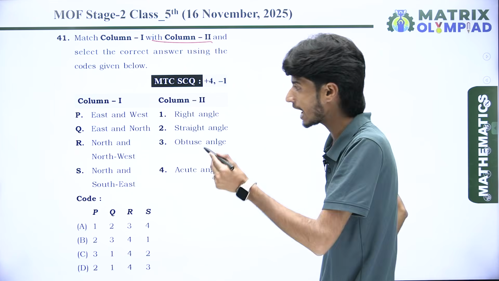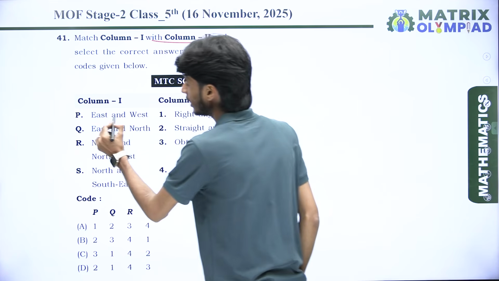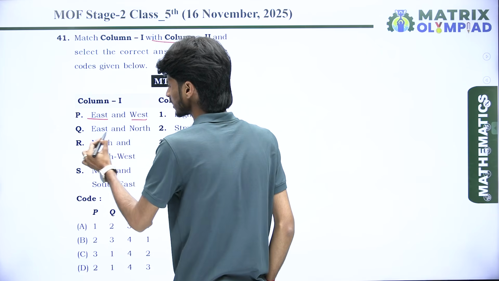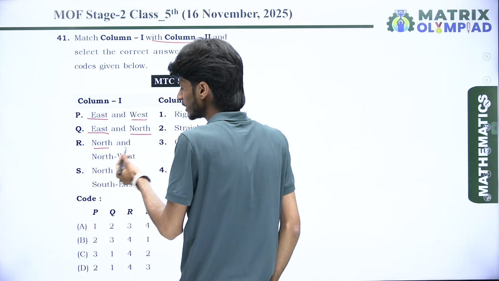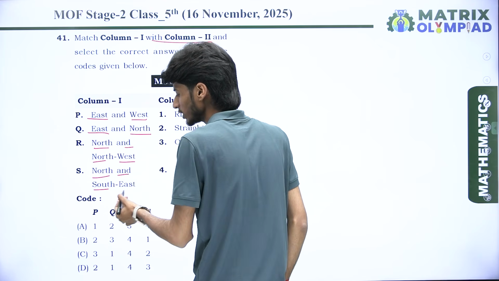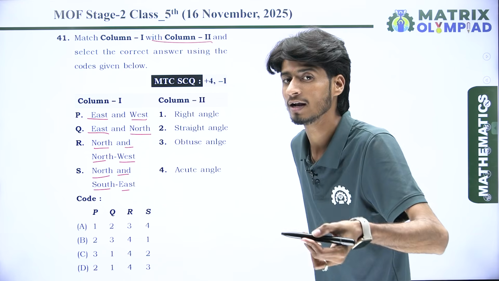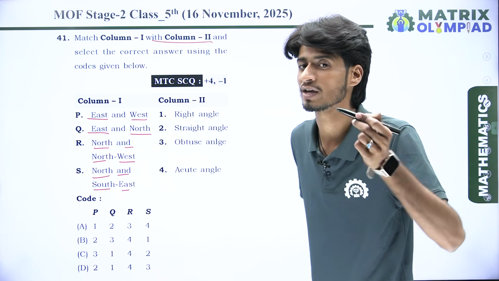So what we have in column first are some directions like east, west, east and north, north and northwest, north and southeast. That means first of all write the 4 directions which we have.